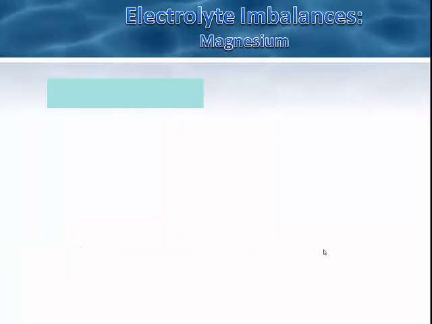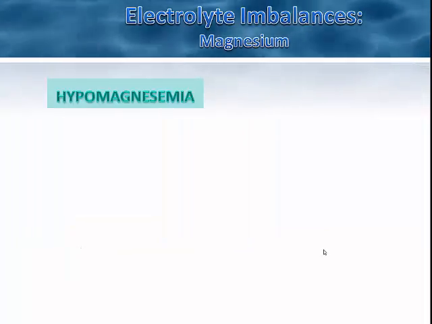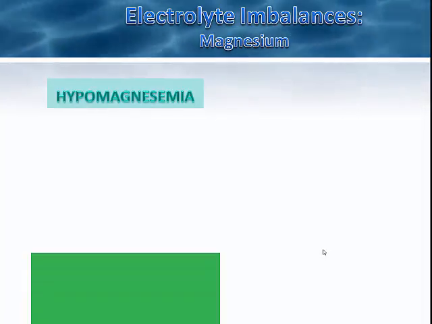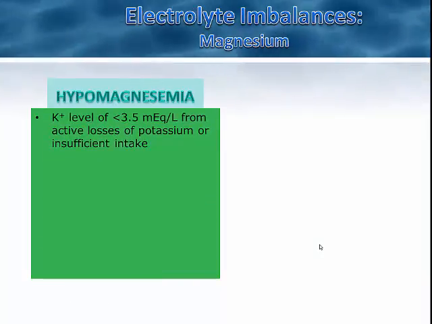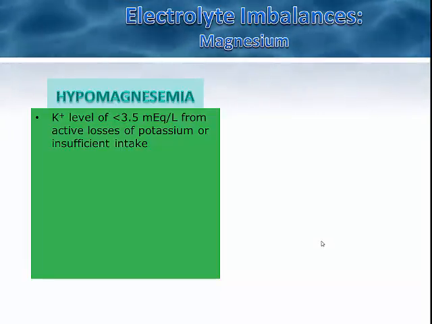The next electrolyte imbalance we're going to go over is hypomagnesemia. Don't say that too fast. Hypomagnesemia can occur when potassium levels, remember that relationship we talked about, are less than 3.5.